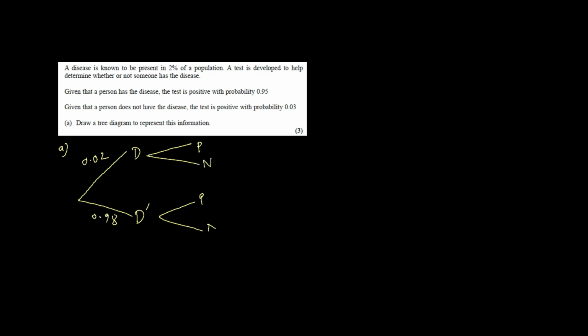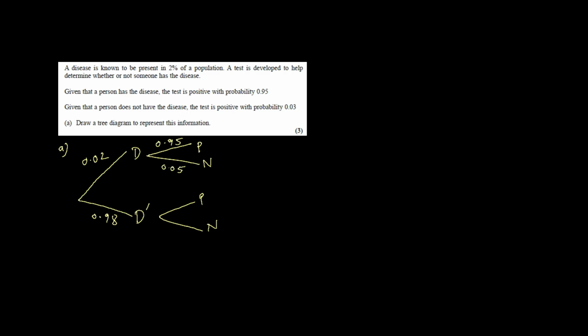Positive test result, negative test result. First of all, given that the person has the disease, going through this branch, in reality the person has the disease, so the test is positive with 0.95 or 95%. So this branch would be 0.95. Automatically this would be 1 minus, because it's the opposite. 1 minus 0.95 is 0.05.